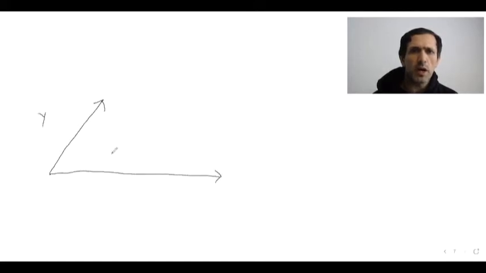Let's say this is y, this is x. Let's just draw these 2 vectors here. Let me draw a carbon copy of x here. Might not be exact. And let me draw a carbon copy of y here.